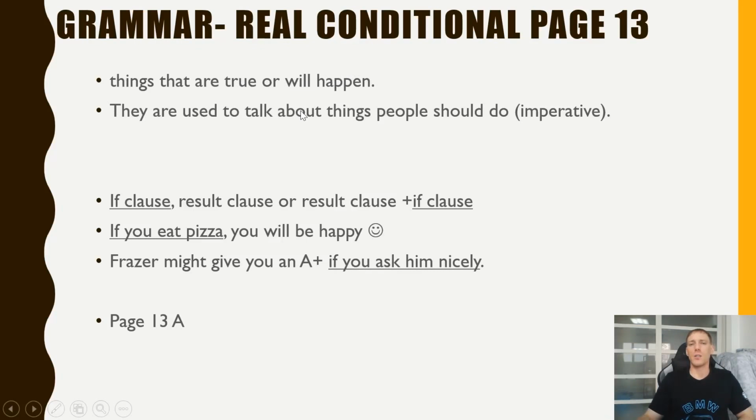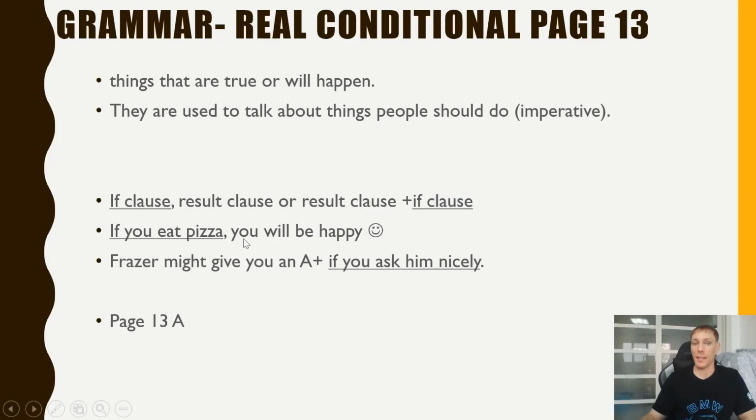And then some that are used for imperative. So we're saying you have to do this. Like it's an order. It's a really good thing that you should do. Like all of these are all the kinds that we can use. So as you can see, there's 3 kinds that we'll use. And we always have the if clause and result clause, or the result clause and the if clause.